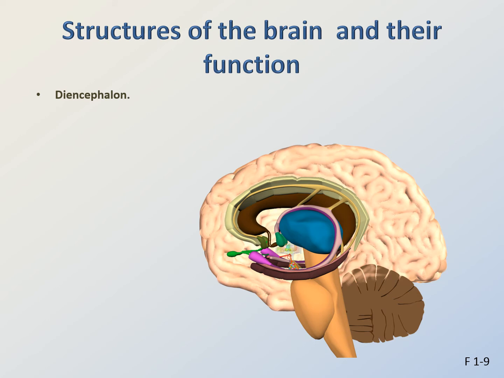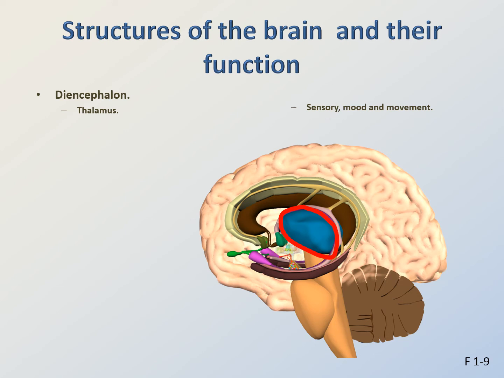The diencephalon is located between the brain stem and the cerebrum. It contains the thalamus, which receives all sensory information except olfactory before sending the information to the different parts of the cortex. Thus, it is considered the sensory relay of the brain.